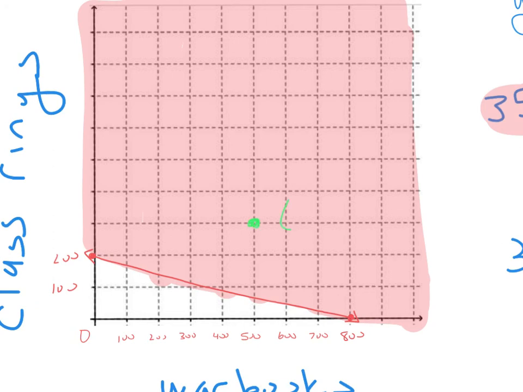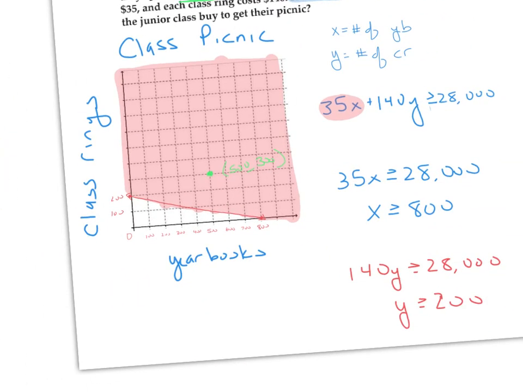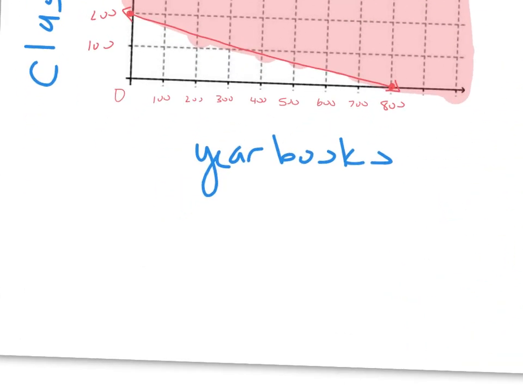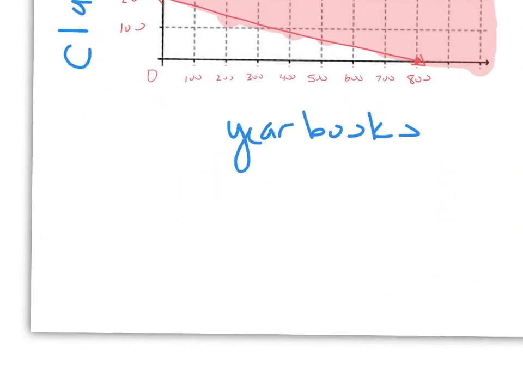So if I look at this coordinate point, my x value is 500 and my y value would be 300. So now let's think about what that would mean. What would 500, 300 mean? Well, 500 yearbooks, 300 class rings, and they're going to get their picnic. Okay, so let's go ahead and write that down here. My coordinate point was 500, 300.